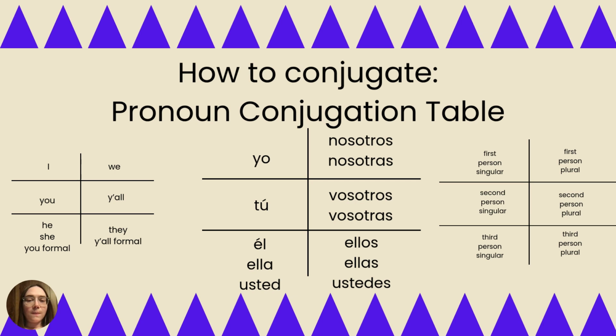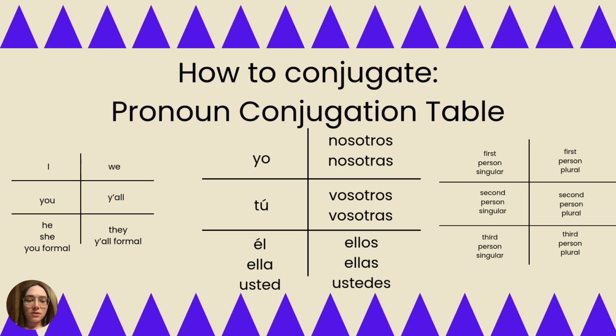Y'all, or the second person plural, is vosotros, vosotras. And then ellos, ellas, ustedes is in this bottom box. So, as you can see, first person singular, second person singular, third person singular, first person plural, second person plural, third person plural.